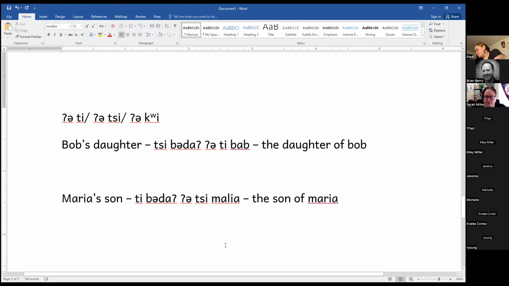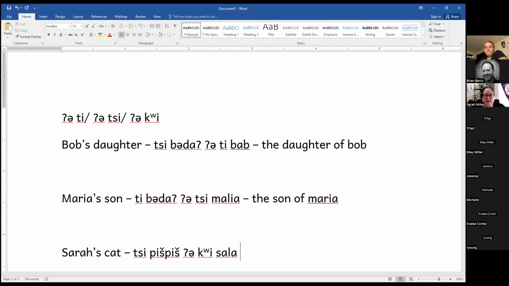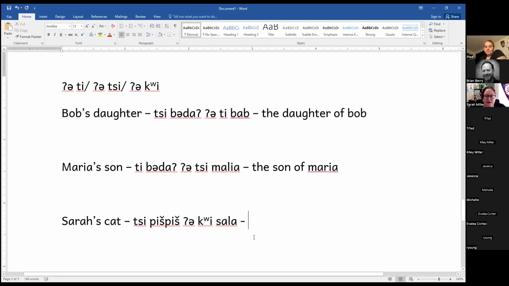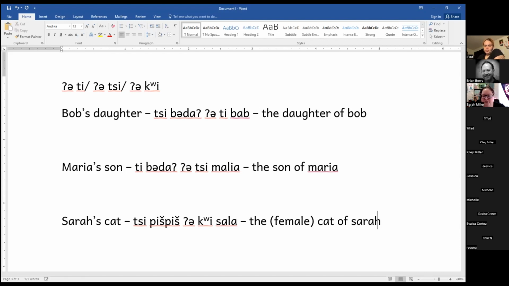So let's do, we all know the word for cat, right? Peesh peesh. So Sarah's cat would be si peesh peesh C Sarah or qui Sala. Let's use qui. Notice I put the C in front of peesh peesh. That's because my cat's female. Si peesh peesh qui Sala, the female cat of Sarah or Sala, whatever.